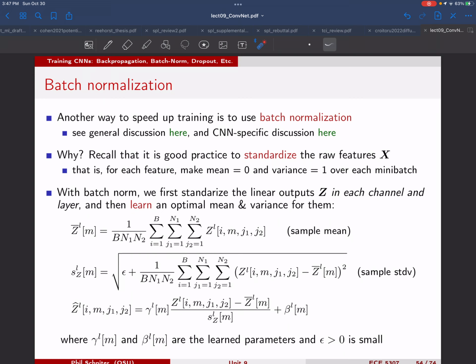If we remember the process of standardization, we saw that there's a lot of benefits to standardizing raw features. And remember, standardizing is to make the means 0 and the variance 1. This is something we typically do to our original data, right, our training data.